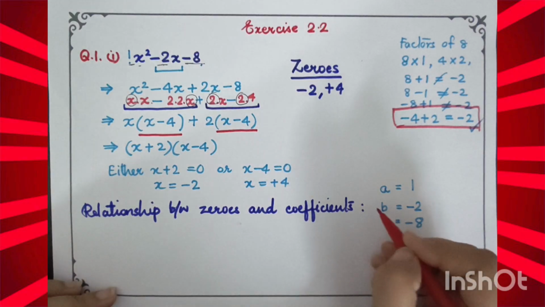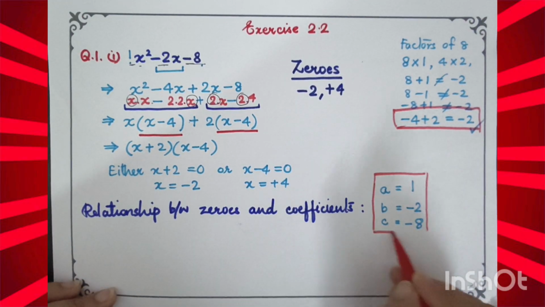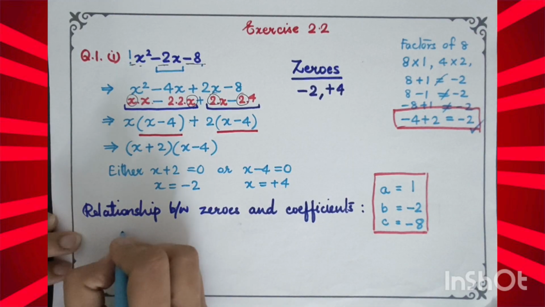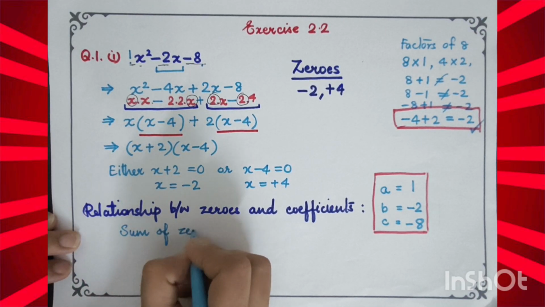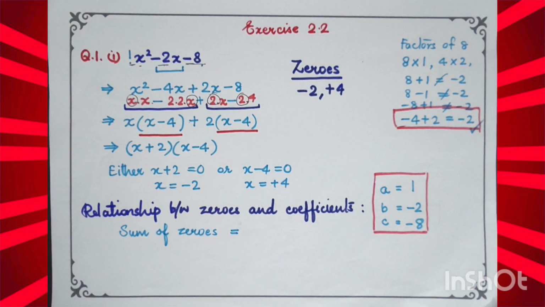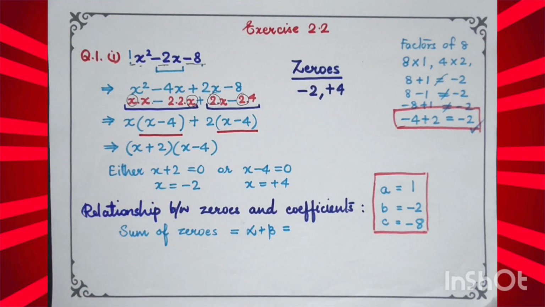Now we will use the coefficients to find the relationship between zeros. There are two relationships. The first one is the sum of the zeros, which is alpha plus beta, where alpha and beta are the two zeros. The expression is minus b upon a.